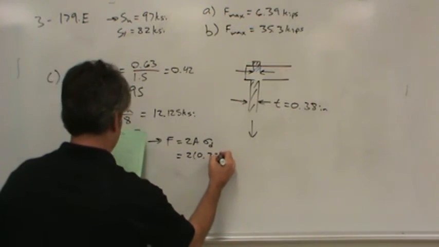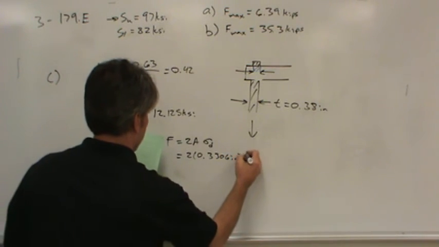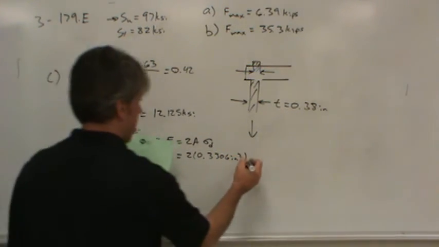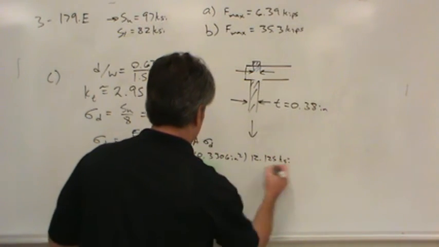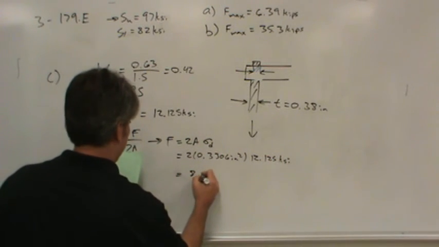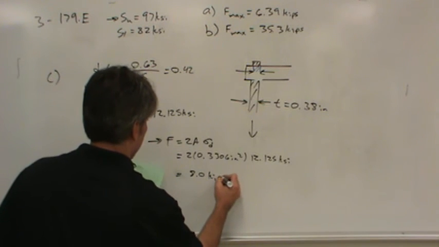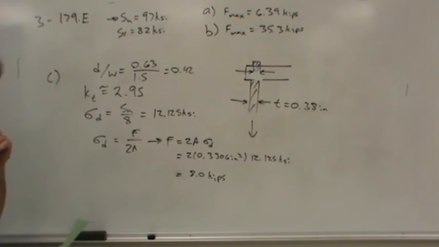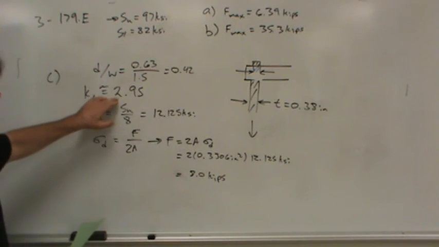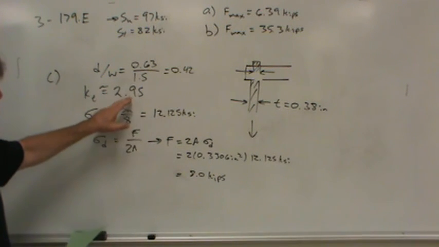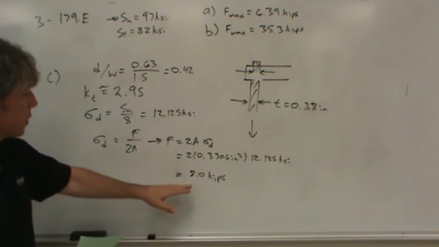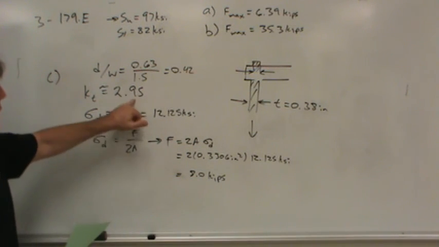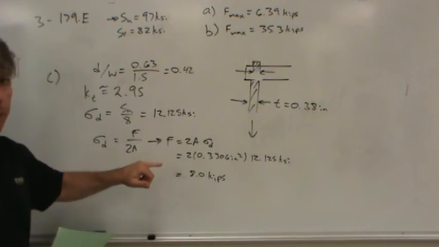Times 0.3306 square inches, and then for the design stress, I just plugged in 12.125 KSI, and I got 8.0 kips. However, what should I have done? Well, I should have taken the 2.95, that should multiply the actual stress that we're getting, so I've got to work that into the equation. Basically, if you take this number, you divide it by 2.95, that would be the maximum force.